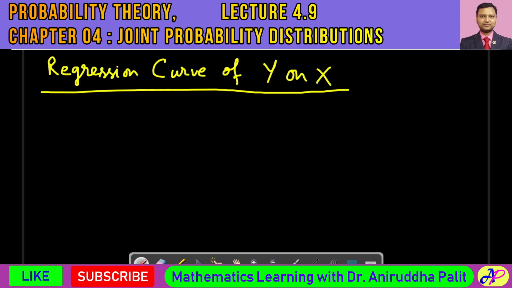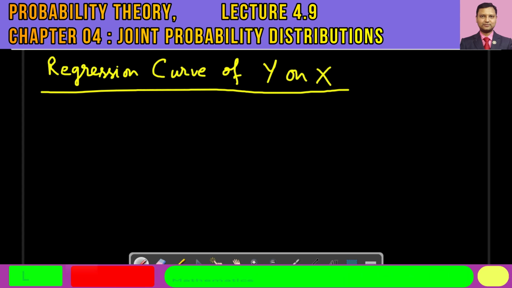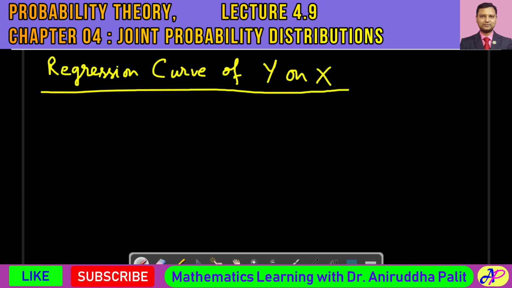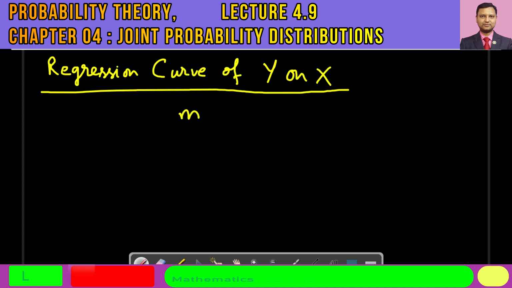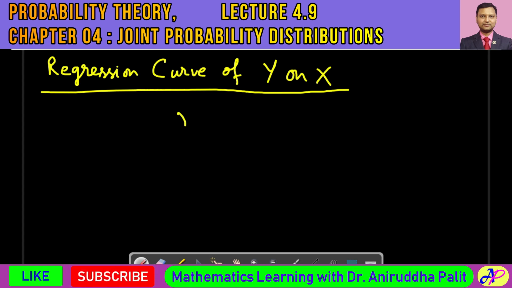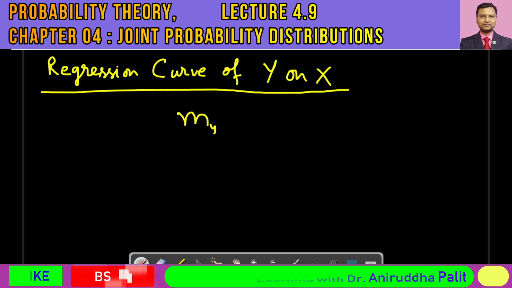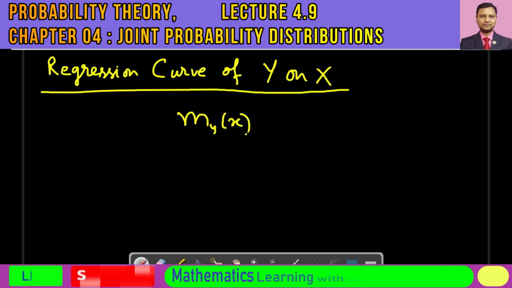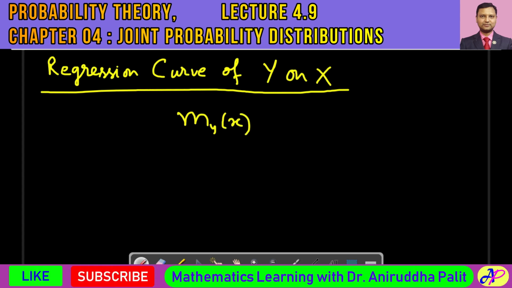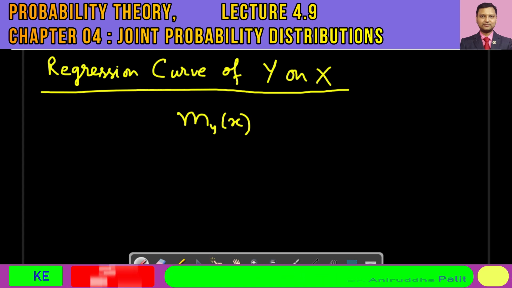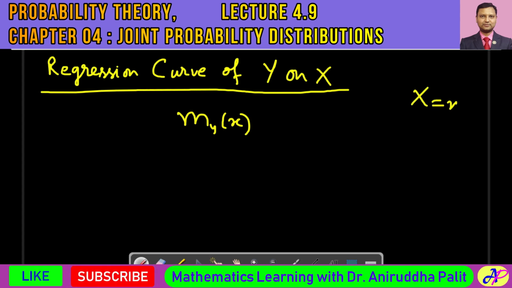Now, you see what is the regression curve. In any bivariate distribution, we can consider the conditional mean m y of x. This is the conditional mean of y given capital X is equal to small x.